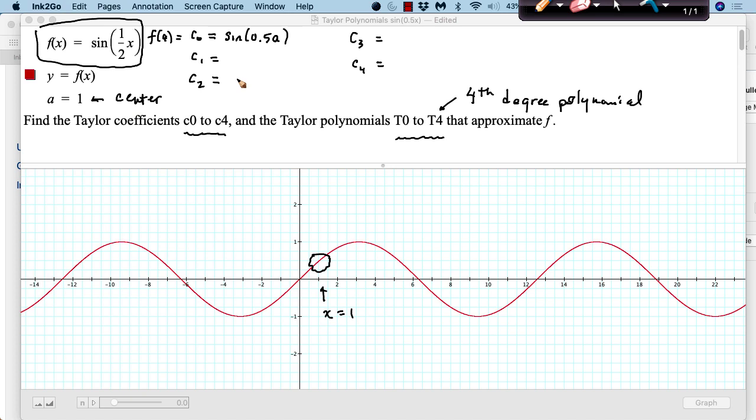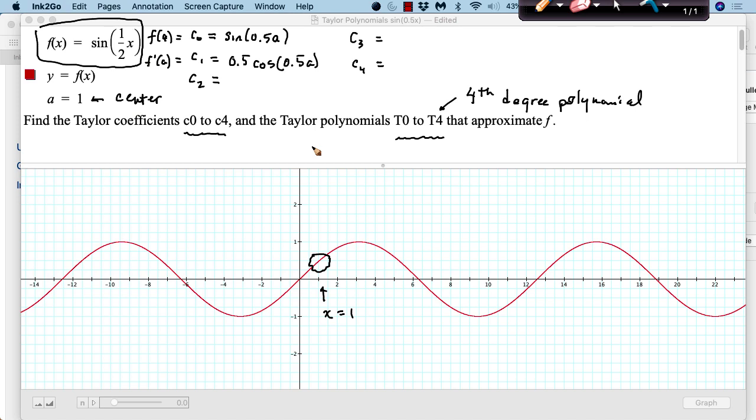All right, so C1 is what? 1/2 cosine of 1/2. F prime of a, right? Or over 1 factorial if you want, but f prime of a. So that's going to be 1/2 times cosine of, in our case, 1, right?